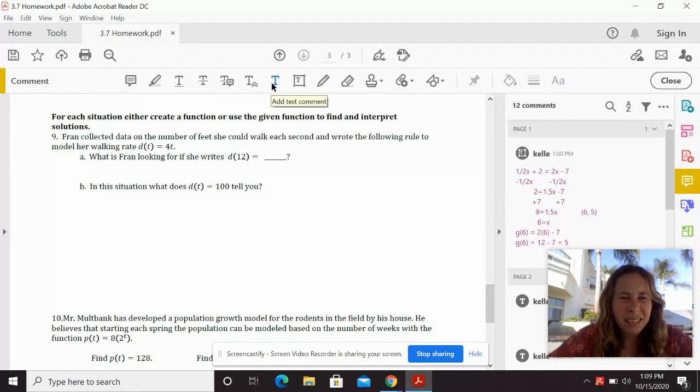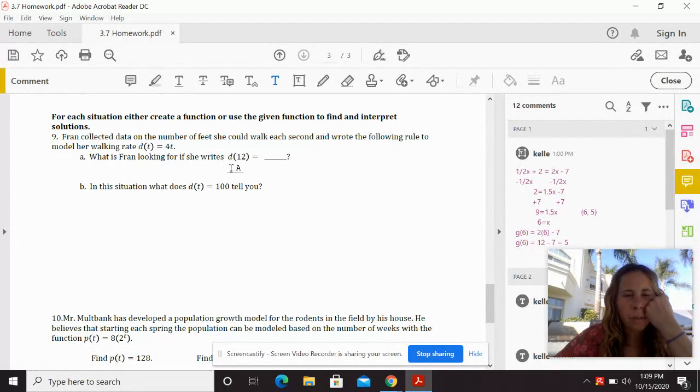Fran collected data on the number of feet she could walk each second and wrote the following rule to model her walking rate. So she walks 4 feet times time. So 4 feet every second. What is Fran looking for if she writes D of 12? So they want you to analyze it. What does this mean?